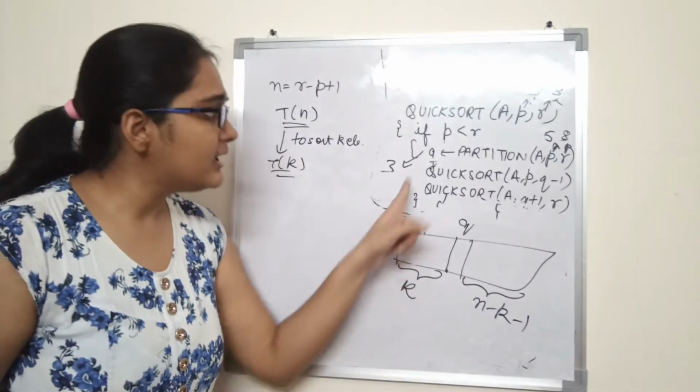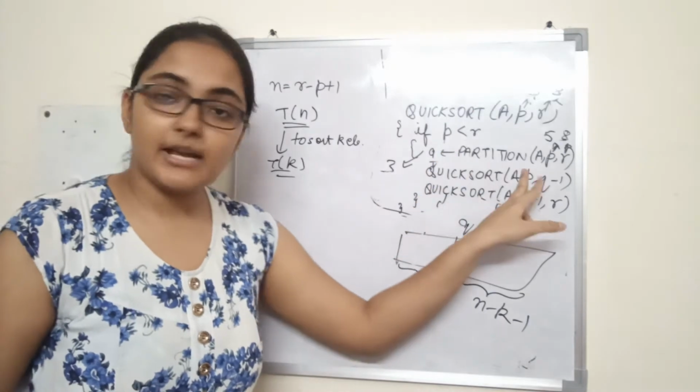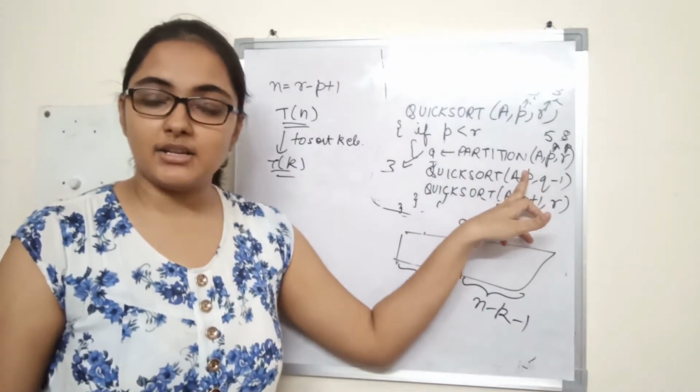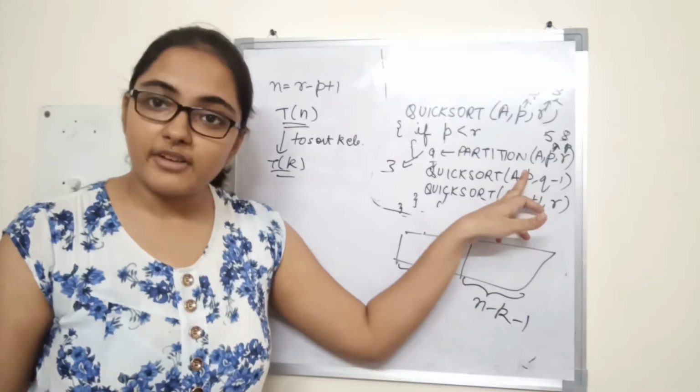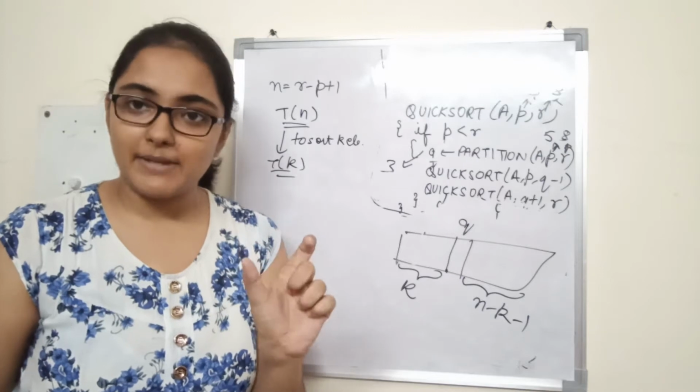So the time taken by quicksort to sort n elements will include the time taken by partition, which is theta of n, because the loop inside the partition function runs n minus 1 times.